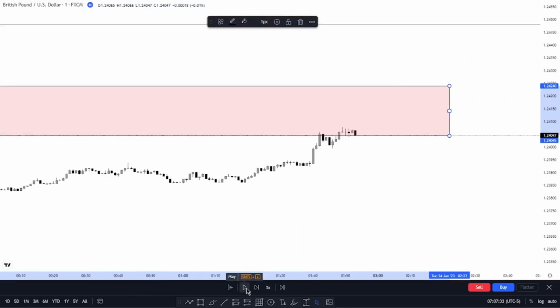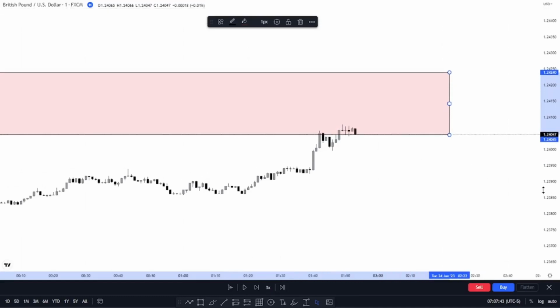Now remember, when price tapped into this supply zone and came down and went back up, I told you the first OB, that is the 1 minute OB that I showed you, failed. I said I was going to show you why it failed, so that you can also learn from the mistake I made.